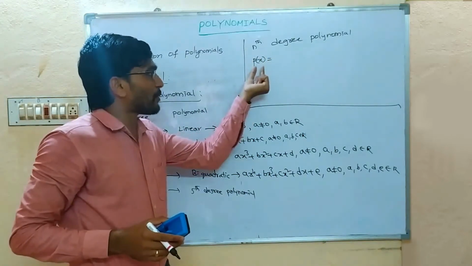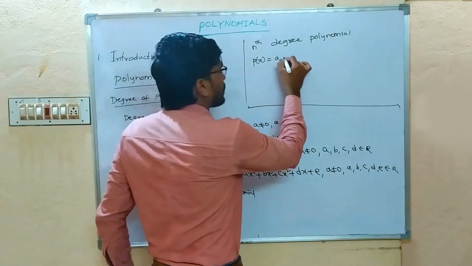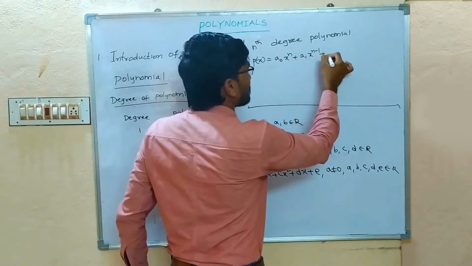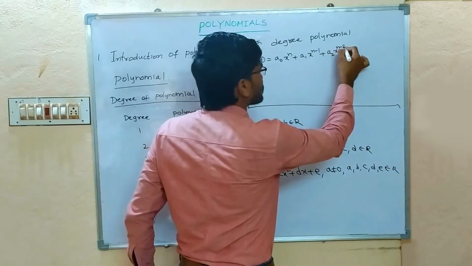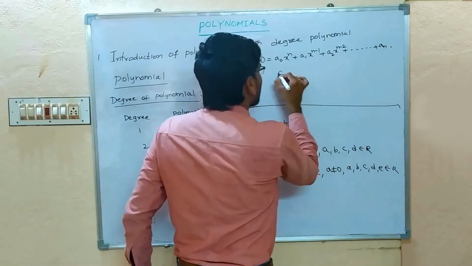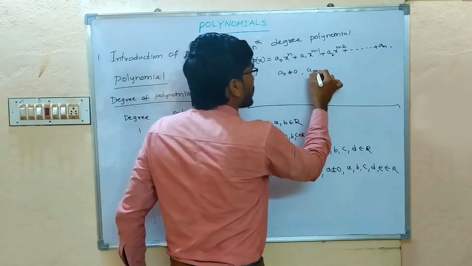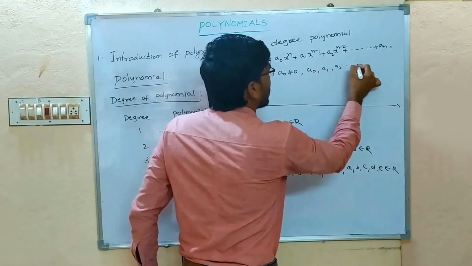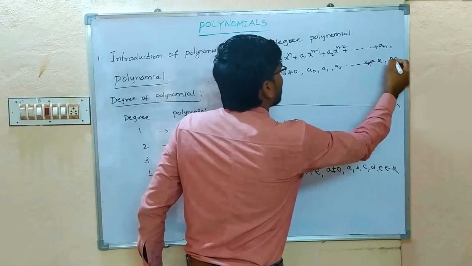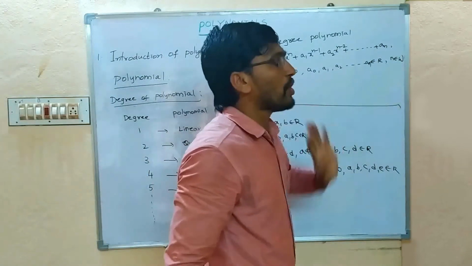It is a polynomial in the variable x: a naught x power n plus a1 x power n minus 1 plus a2 x power n minus 2 plus and so on plus an, where a naught is not equal to 0, and a naught, a1, a2 and so on belong to real numbers, and n belongs to non-negative integers, nothing but whole numbers.